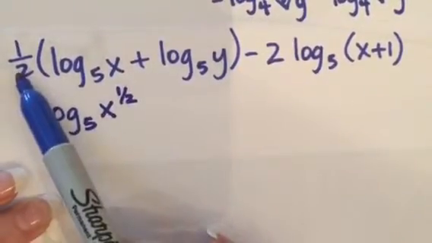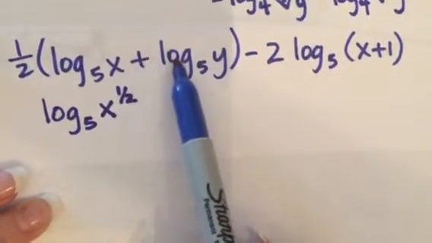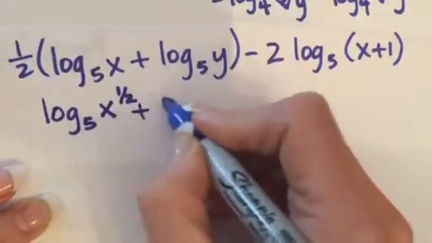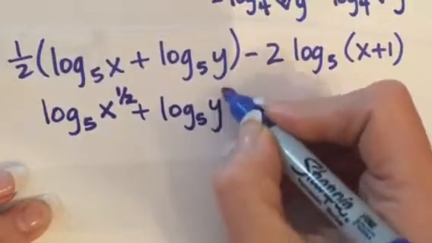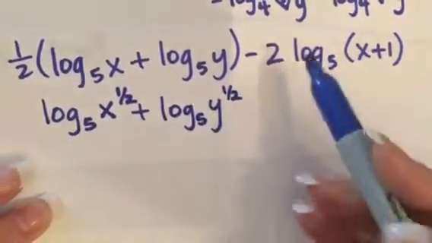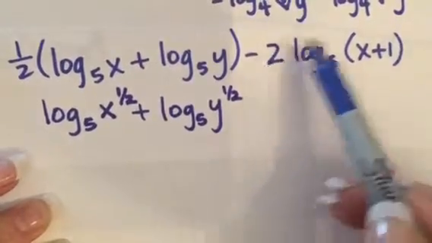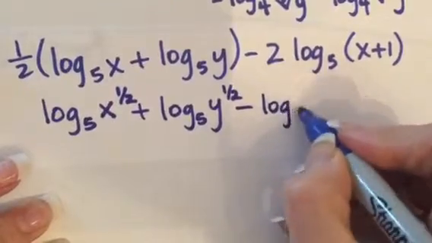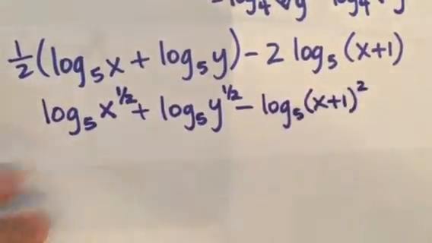And then if I were to think of this going to this log base 5 of y, this would be 1/2 times the log base 5 of y, which we could write as log base 5 of y to the 1/2 power, right? And then we can employ that power rule here to take that 2 and write it as a power. Log base 5 of the quantity x plus 1 squared.